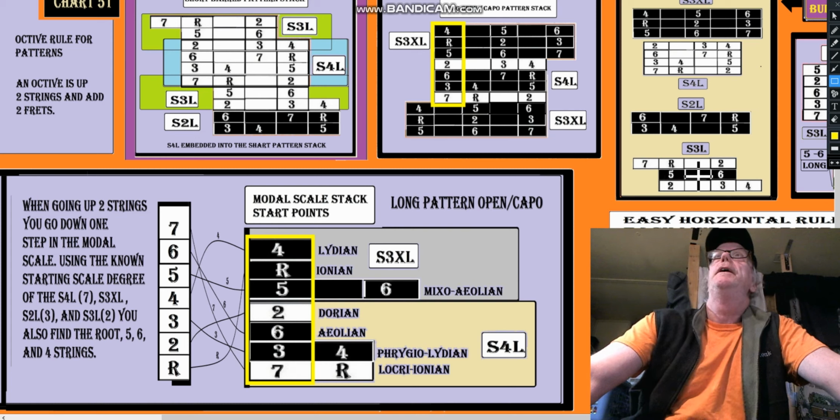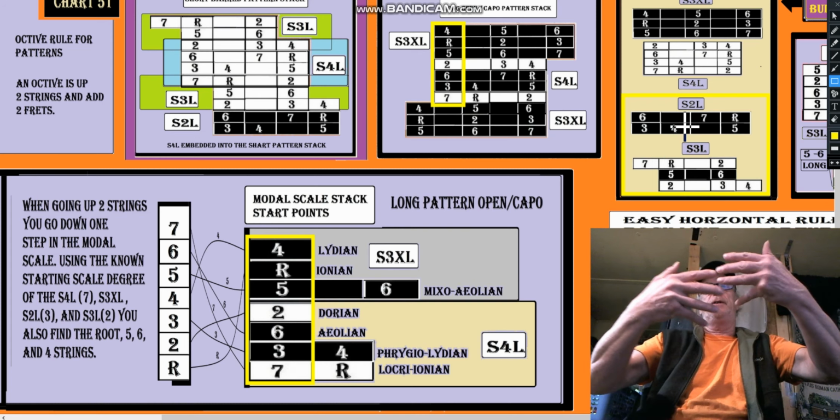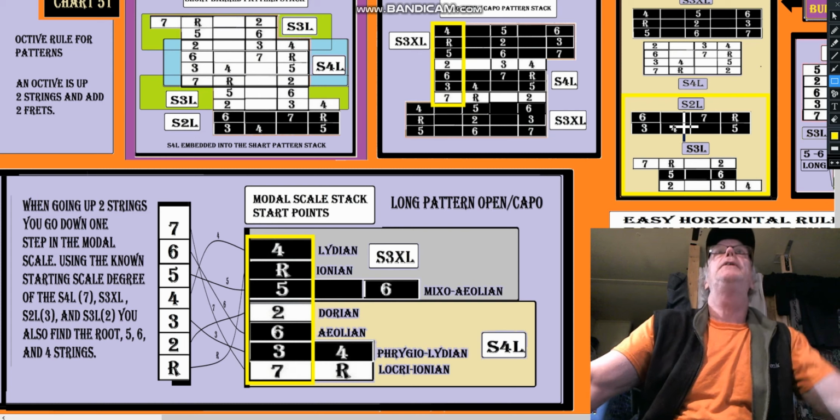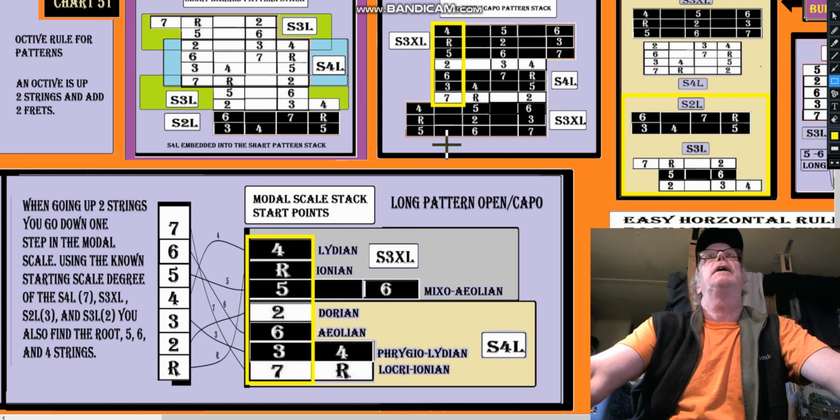Composed of is like a geometric thing. These two right here. These two guys right here. You put these together, one on top of the other, like this, and then like this, and then like this, and like this, and you get in the middle the S3XL.